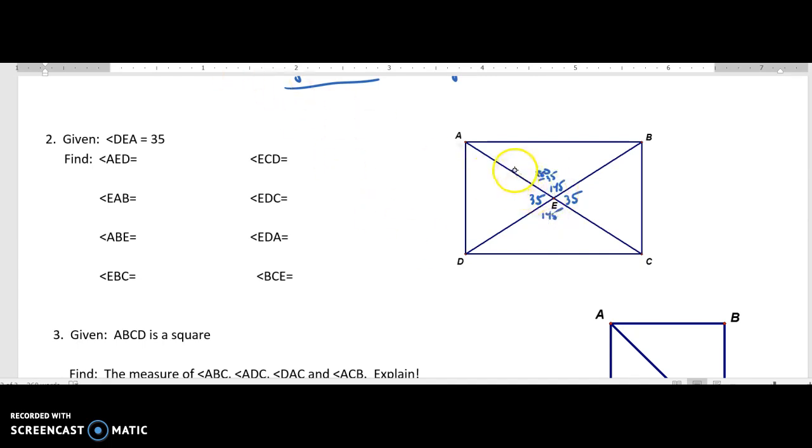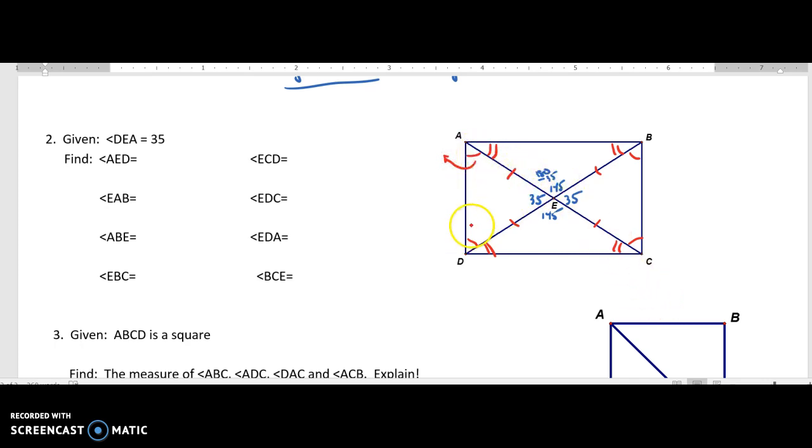Now, if you remember what I said, if you think about this as all of these are isosceles triangles, what you have to know is these angles are going to be congruent. These angles are going to be congruent. These angles are congruent to each other. These angles are congruent to each other. Because if sides of an isosceles triangle are congruent, then angles are congruent. So how do I find an angle like this?